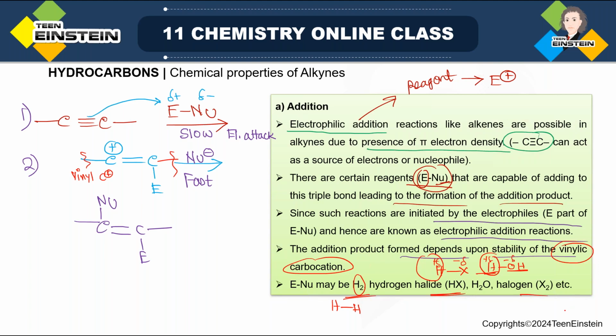This is also just like H2, homonuclear diatomic, but here charge separation is possible. So see, what are the reagents we can add? Hydrogen addition, then addition of HX, addition of water, that is the hydration reaction, then addition of halogen. So these are the possibilities we can have under the addition reactions of alkynes.